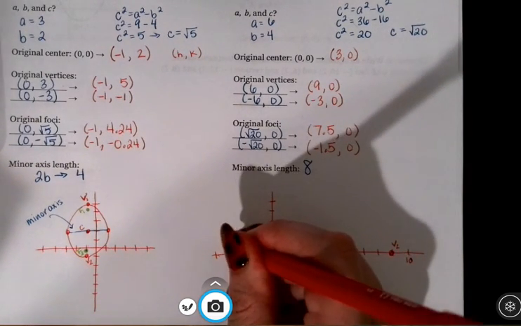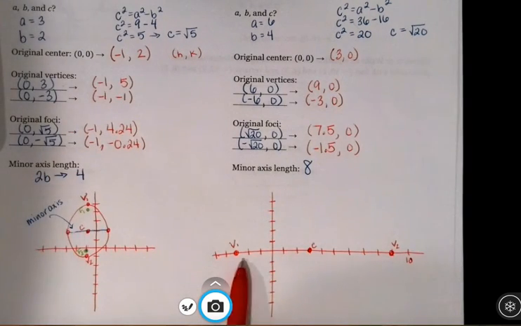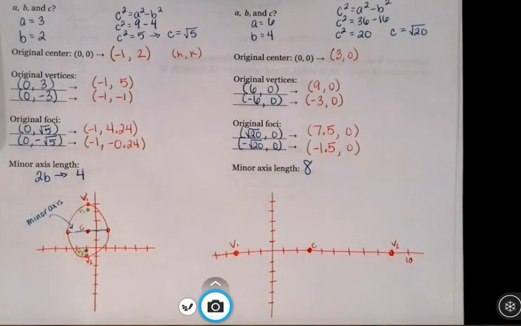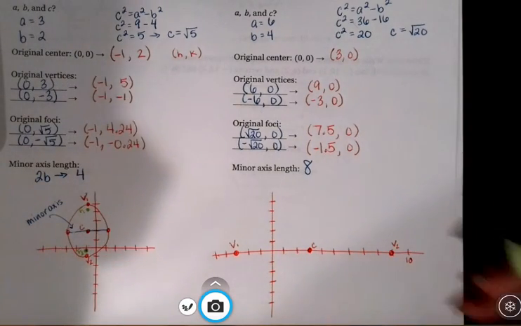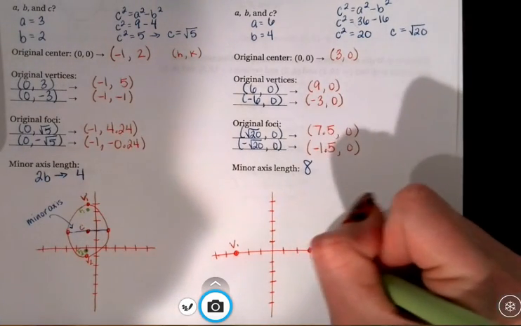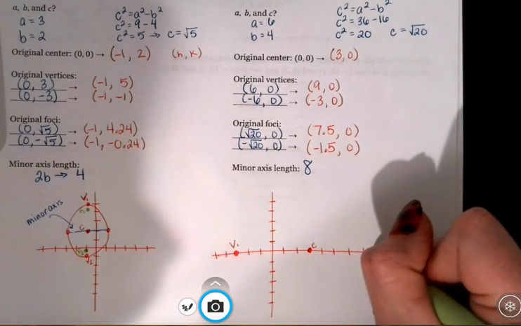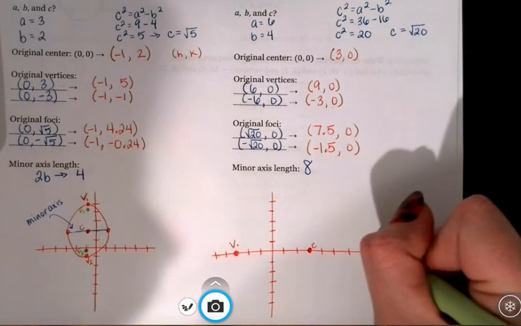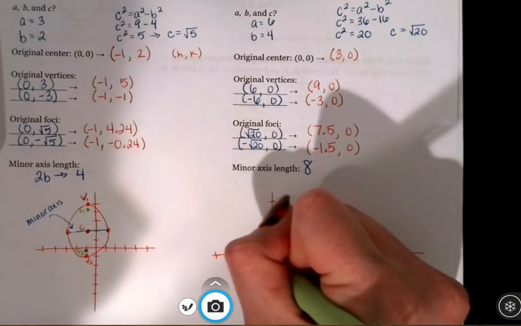I realize as I'm doing this, it looks like these are a little bit closer together than these tick marks. It's a sketch, it's not perfect. I have my foci, so 7.5. So this is one of them. And then -1.5, 0.